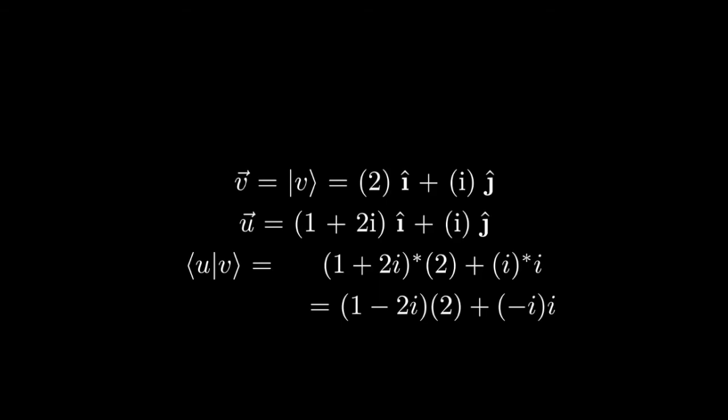And then once we compute our final answer, where we multiply through by 2 for the x component, and we multiply i by i together, which gives us -1, pass the negative sign through, which gives us +1, we get 3 minus 4i. So in this video, we learned about linear combinations, linear independence, orthonormal basis, and how to compute inner products. Thank you for watching, and I hope this was useful.